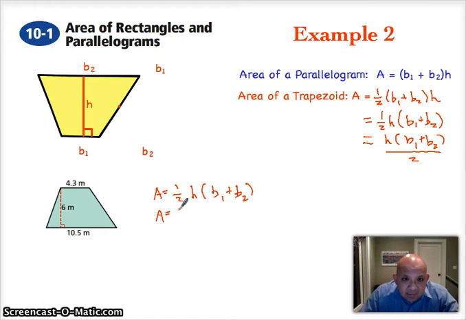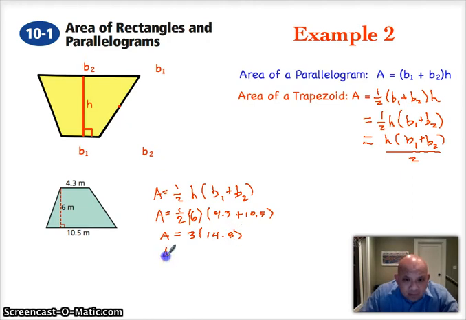We have area equals half times the height, which is 6, times B1 plus B2, and that's 4.3 plus 10.5. One half times 6 is 3. Then I take care of what's in the parentheses here. 4.3 and 10.5 gives me 14.8.